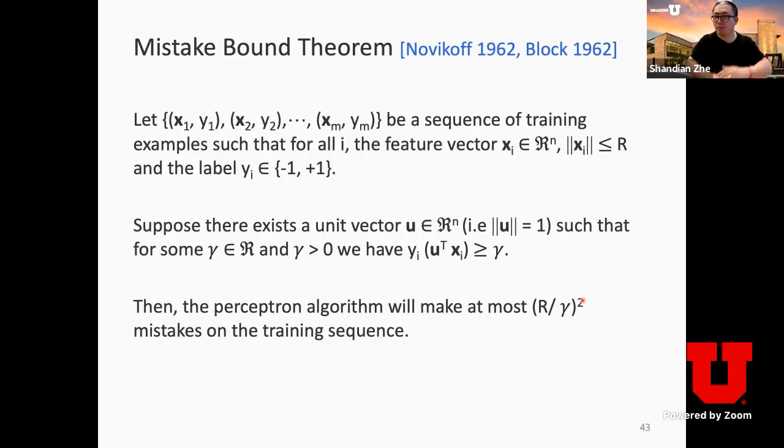You just divide the maximum range by this inner separability distance and take the square. It gives you an upper bound on the number of mistakes or updates the perceptron algorithm will make. This is the mistake bound theorem.